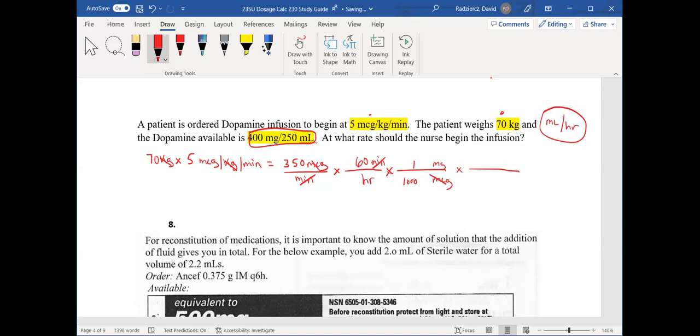If you didn't know that, it told me we're doing an infusion. It's a rate. There's no microtubing listed there. So I know I need milliliters on top and I need to get rid of milligrams, so I'm left with just hours on the bottom. The milligrams listed is 400. The milliliters listed is 250.